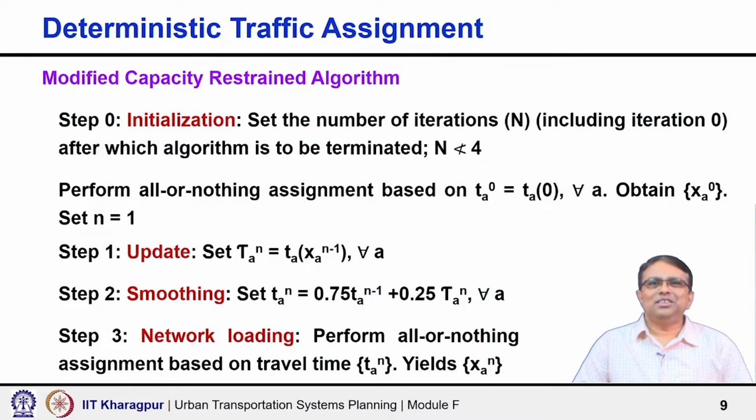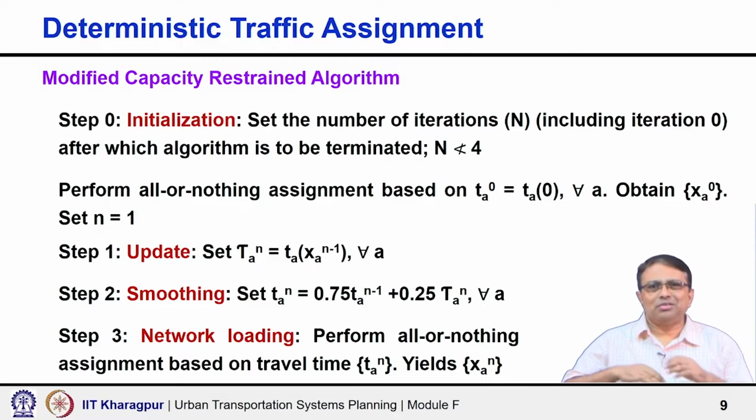Just see the interesting part. In the nth iteration, whatever is the travel time now with the loading, we take 25% weightage of that and 75% weightage on the travel time which was there in the earlier iteration.